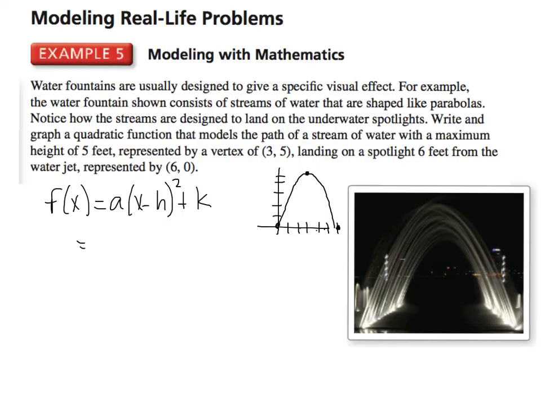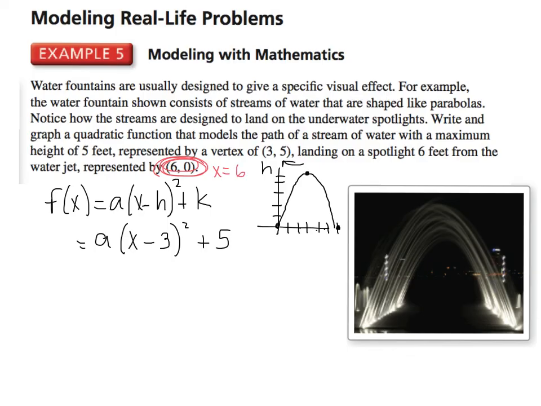Well, step 1 is plugging it in. That's all I need. Now, I don't know A, but I do know H. H is the vertex, which is 3. I know K. K is how far up it goes. So the vertex goes up 5. So now, what do? Well, I know this is my value of x.